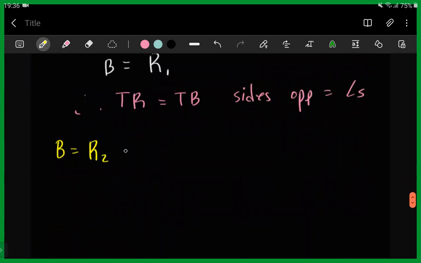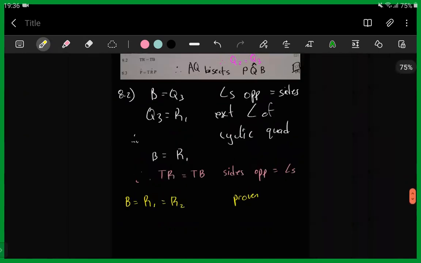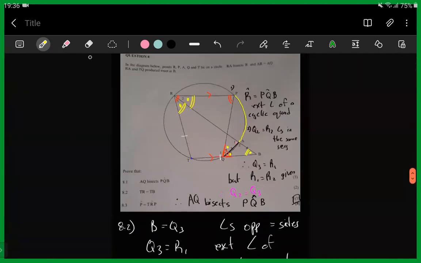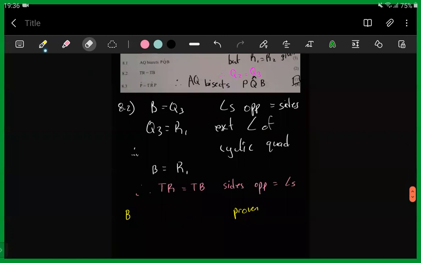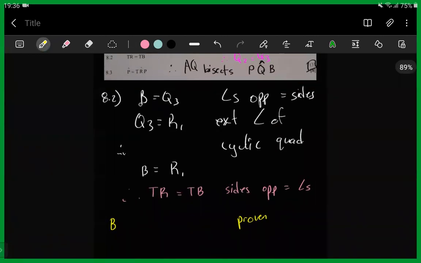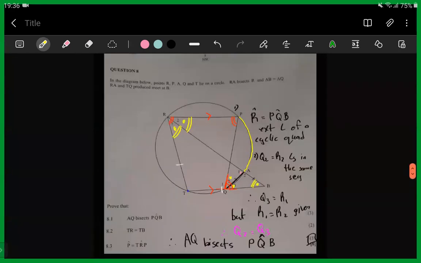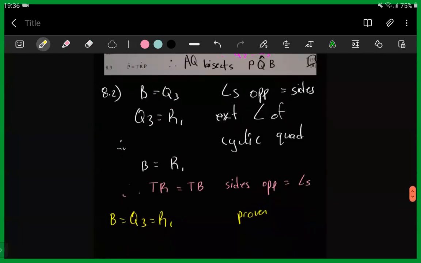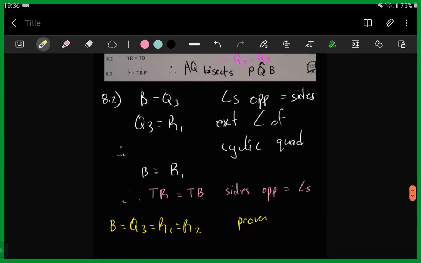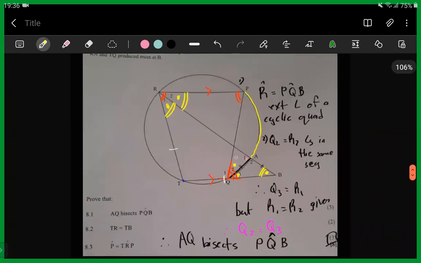You can just say B is equal to R1, which is equal to R2. Or you can do it as a chain so that your work is traced: B is equal to Q3, Q3 is equal to R1, R1 is equal to R2 from up here, or it's a given statement. All this has been proven. B is equal to R2.